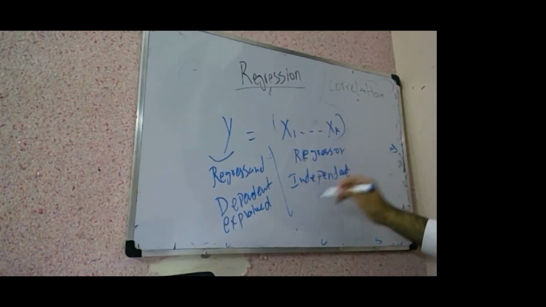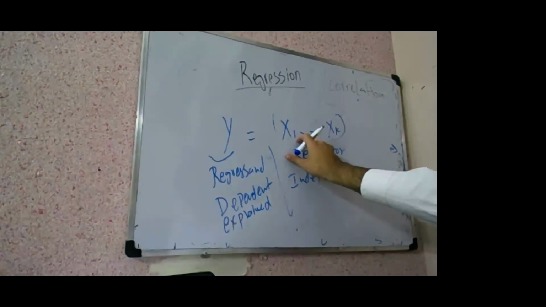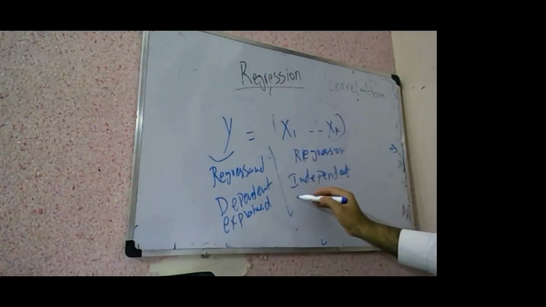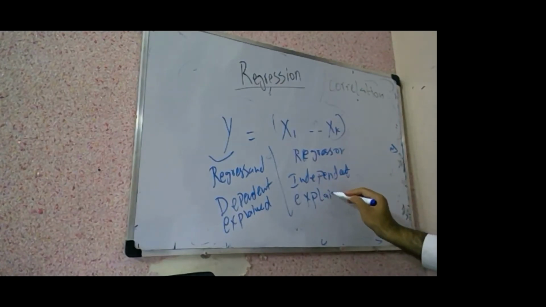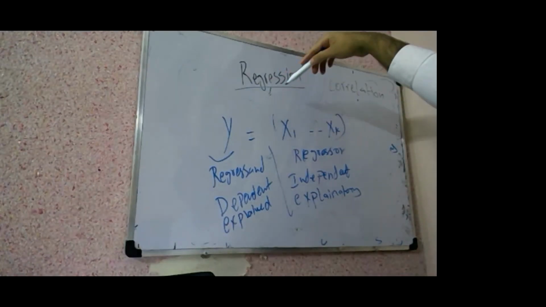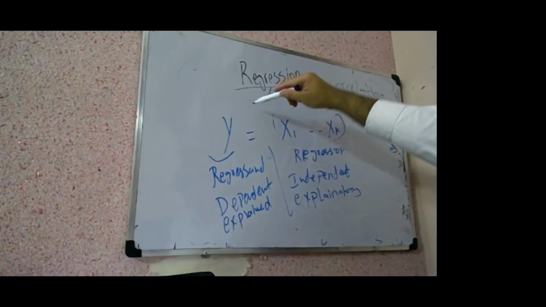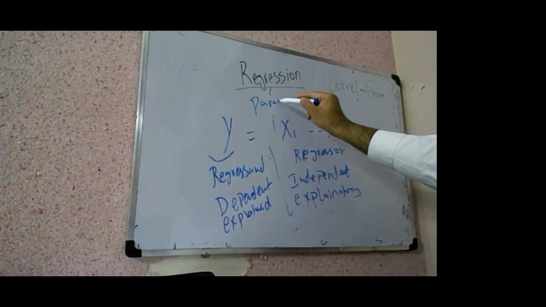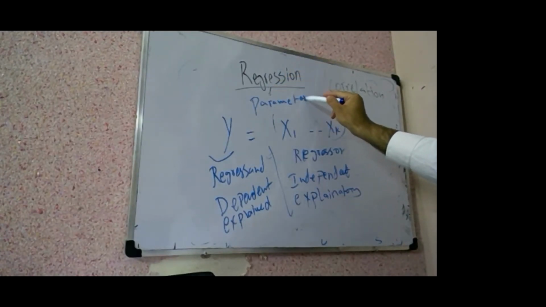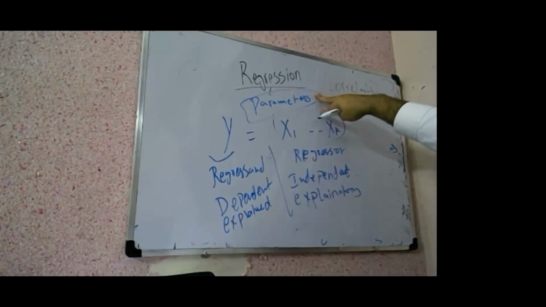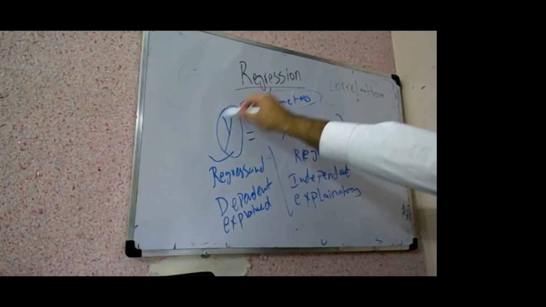Now, to know how much x is going to impact the y series, we also need to know the parameters. What are parameters? Parameters are a set of intercept and slope which defines the change in y.